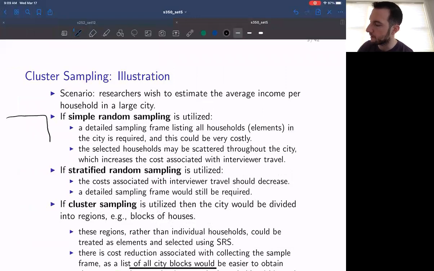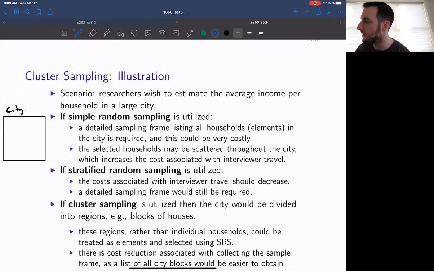So this box could be, for the SRS case, the city. Let's make it a nice clean box. And let's also say that this is the same thing as the sampling frame, so we have the list of everything in this city just for illustrative purposes.